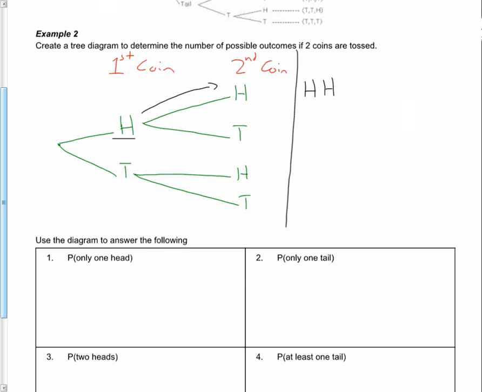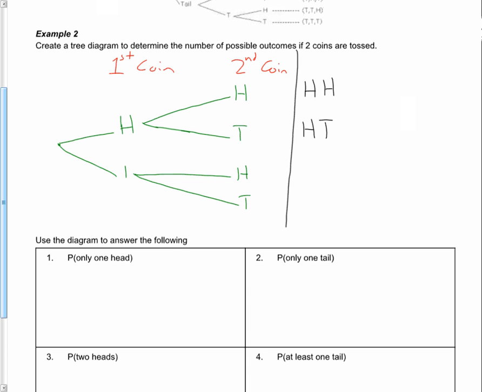If my first flip was a head, I could also move down the tree diagram, and my second result could have been a tail. By tracking the possible outcomes, you can come up with a list of all of the theoretical outcomes that you may end up getting.